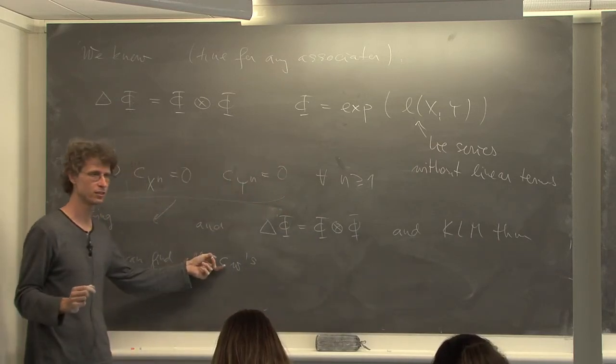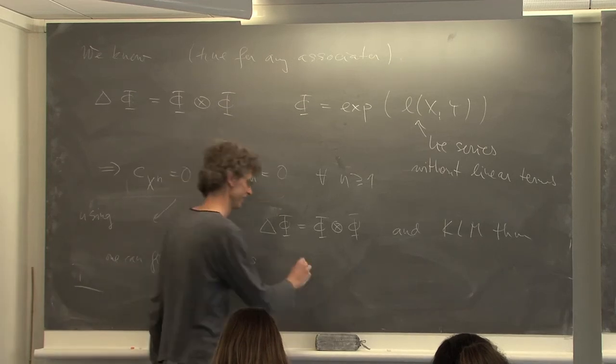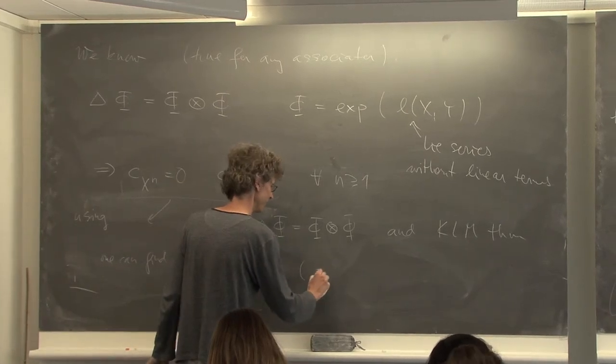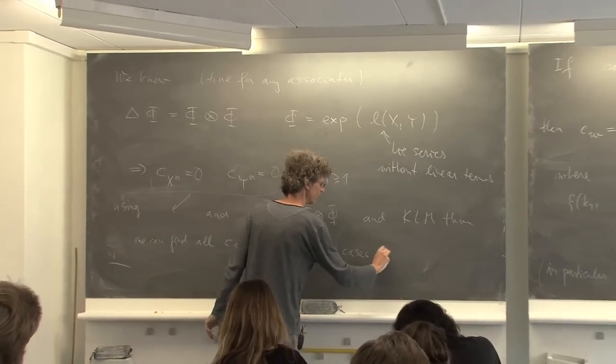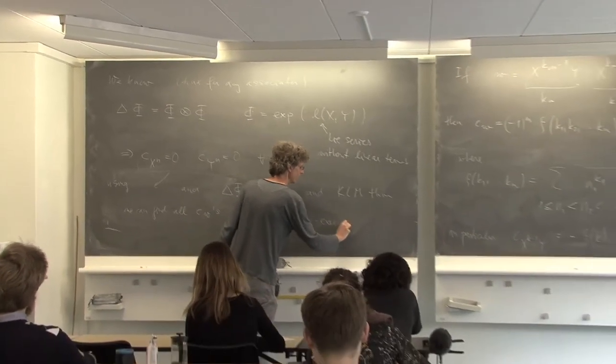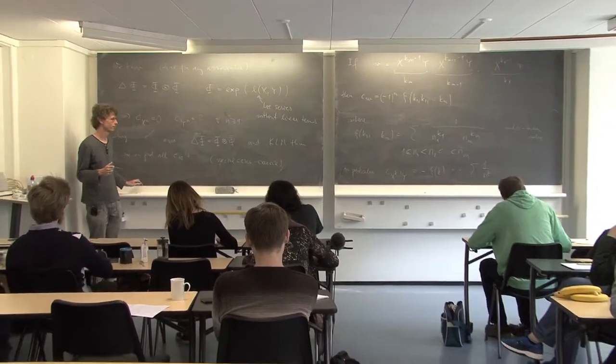One can find all of these, and how to do it, at least in special cases, that's going to be an exercise. Just plugging into formulas and seeing what happens.